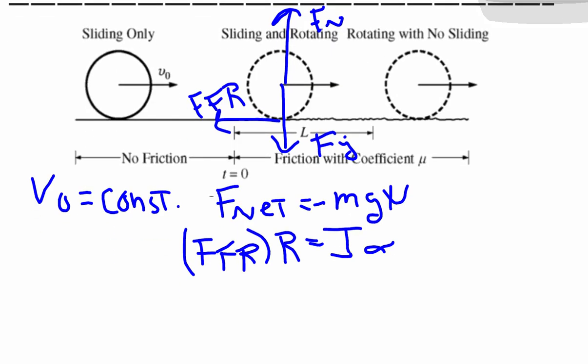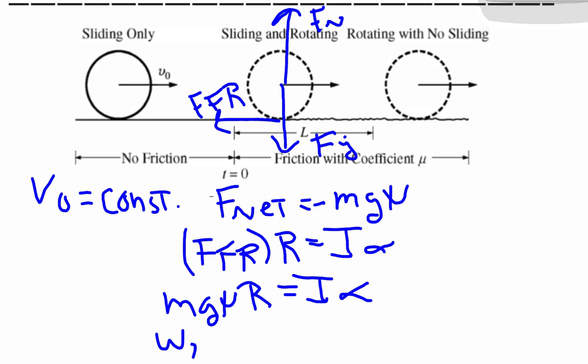So we can analyze that, of course, now. This is going to be mg mu multiplied by r equals I. I can keep that as alpha if I'd like. And I can find the final angular velocity doing omega 2 equals 0 plus alpha t.